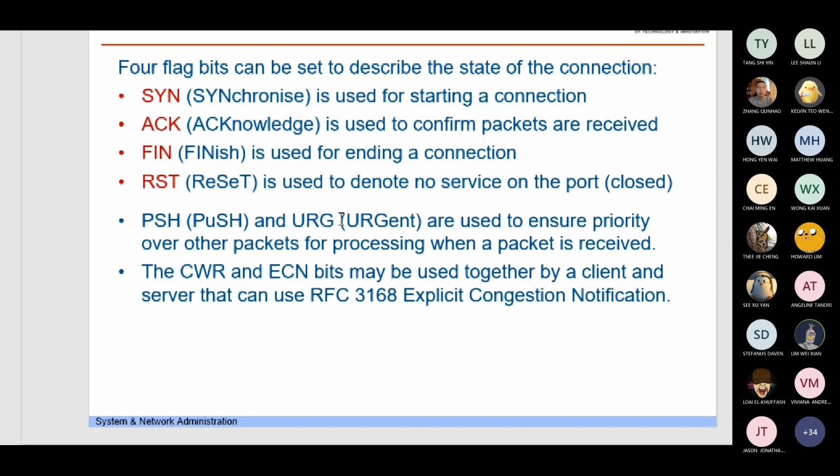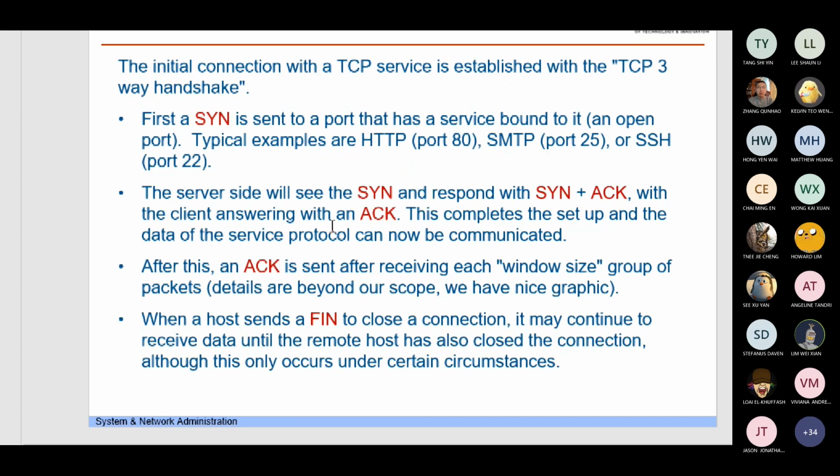Push and urg are also equally ancient and unused. So let's review what the legal combinations are, the essential combinations that constitute the three-way handshake and closing of a connection.